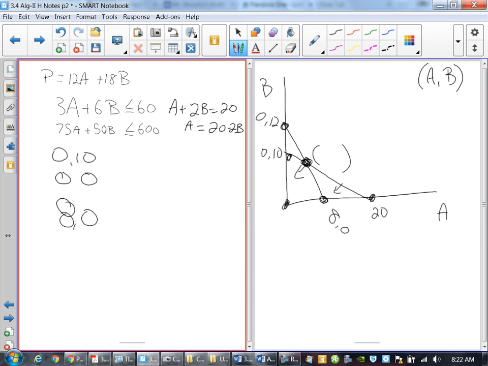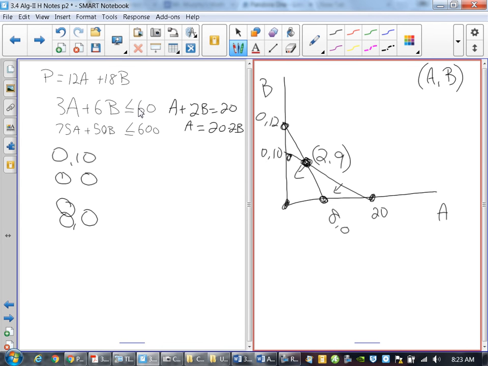I'm going to bring this over so I get 900 is 100B. If 9 is B, what's A? 2.